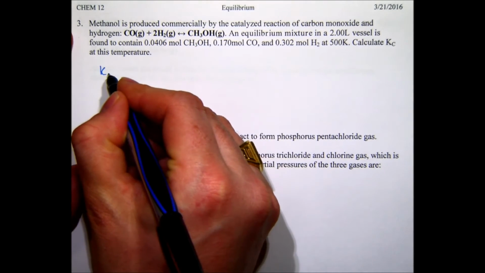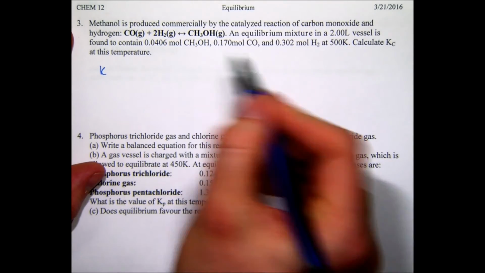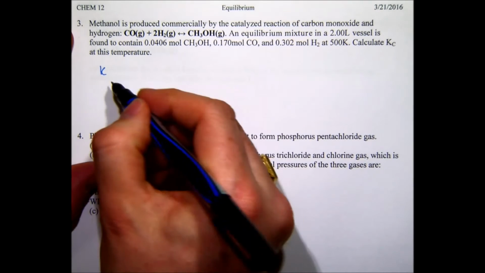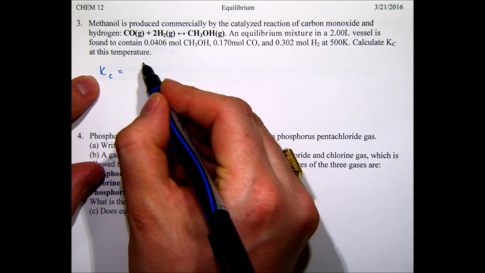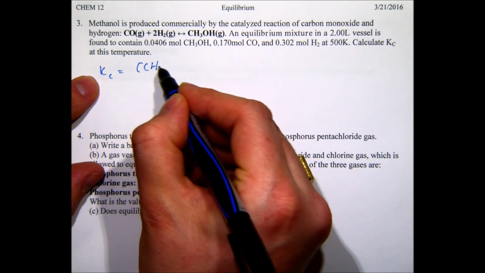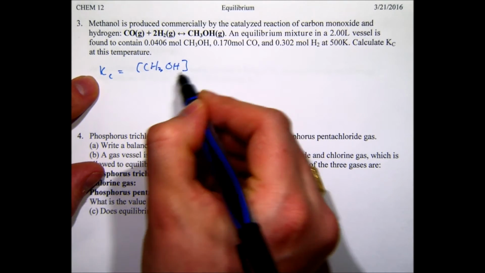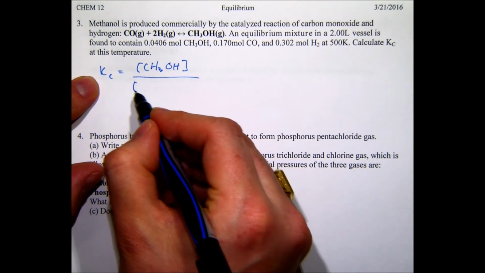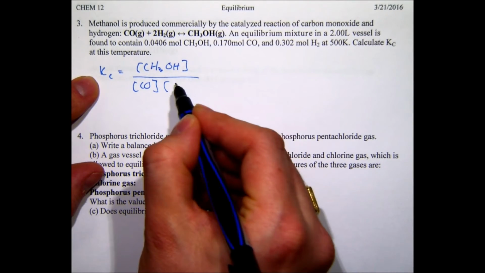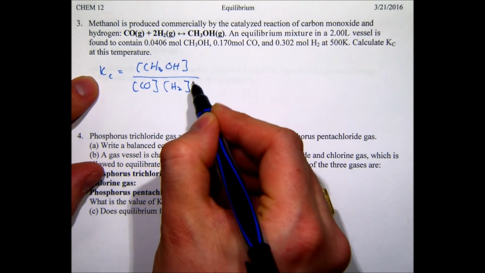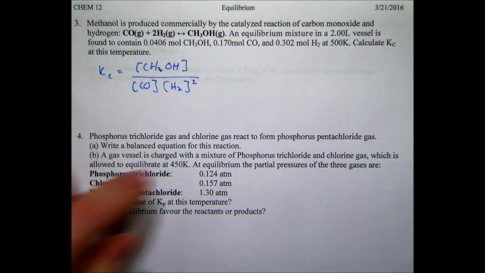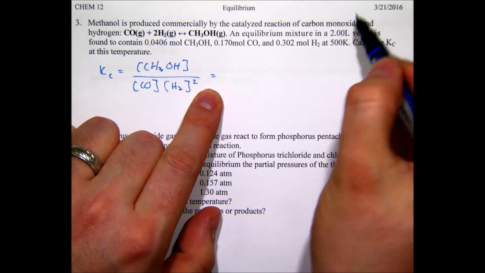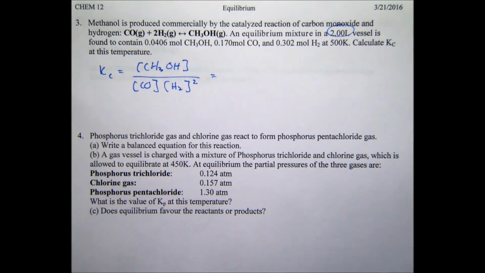So we write the equilibrium expression. They are all gases, but it's asking for Kc. So Kc is equal to the concentration of the products raised to its coefficient over the concentration of the reactants. Now, we have to be careful because we do have that 2-liter vessel that we've got to take into consideration.